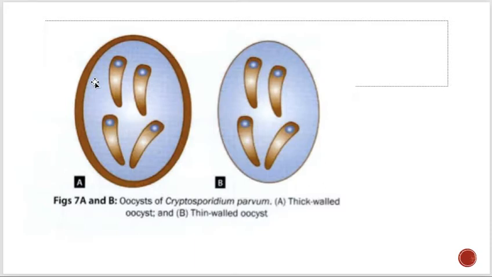These oocysts are also found in surface water sources. But spring water or running water is quite safe, because it is running and washes them off.